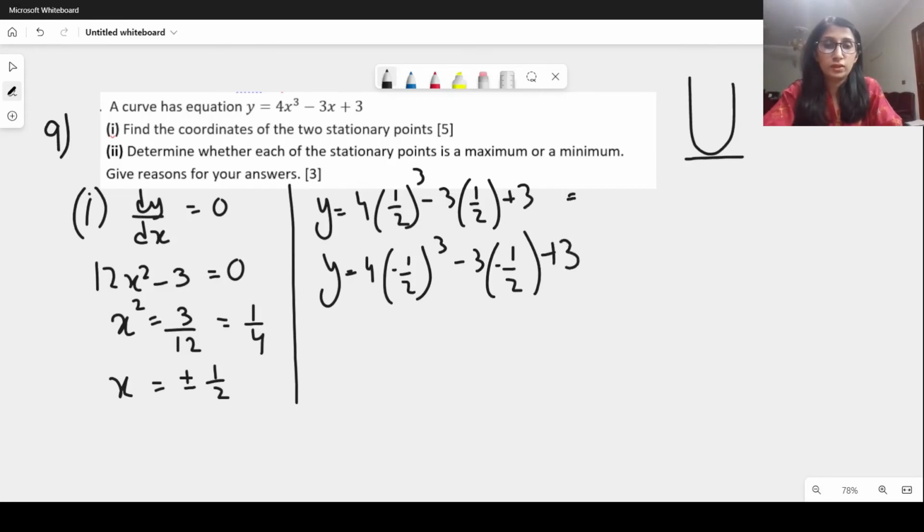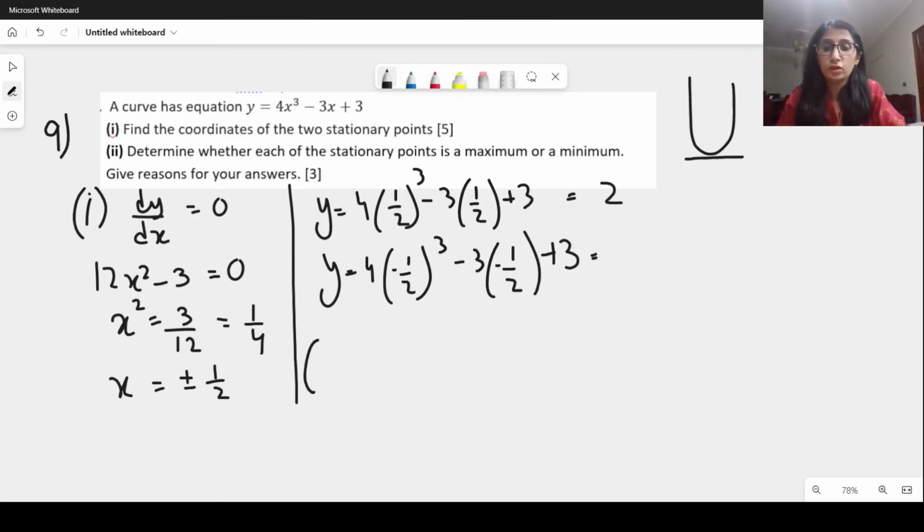Let's see what we get in both the cases. So 4 times (1 by 2) cubed minus 3 times 1 by 2 plus 3. That gives me 2 in the first case.